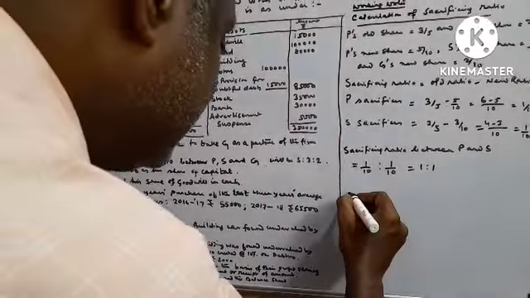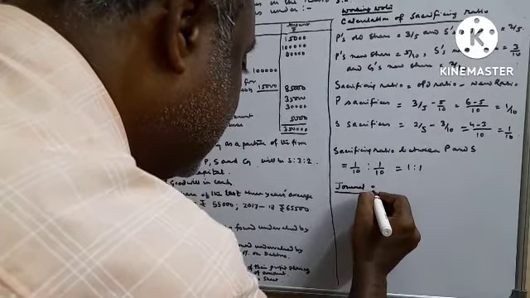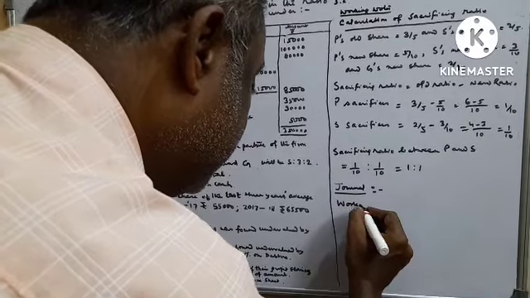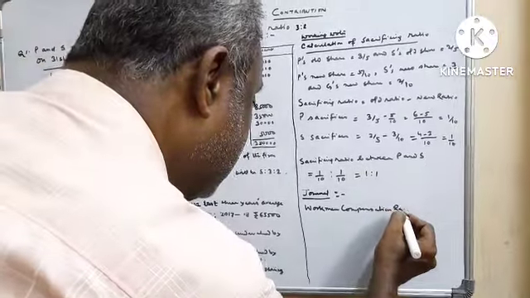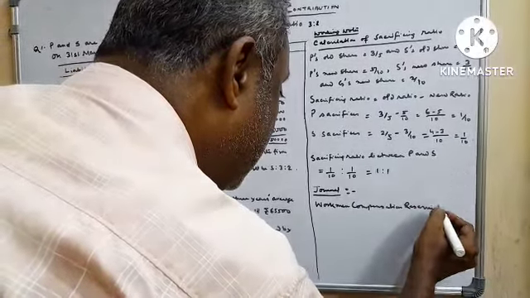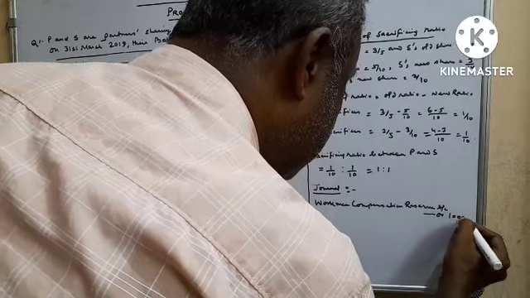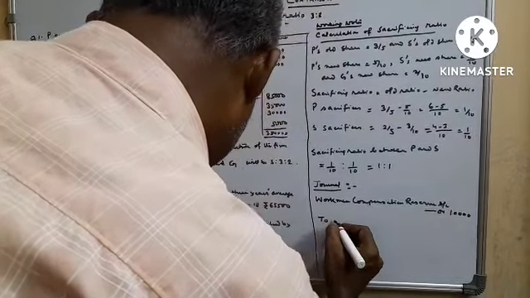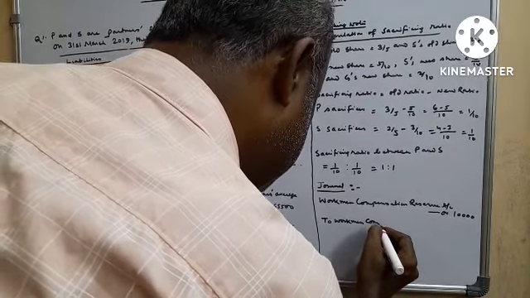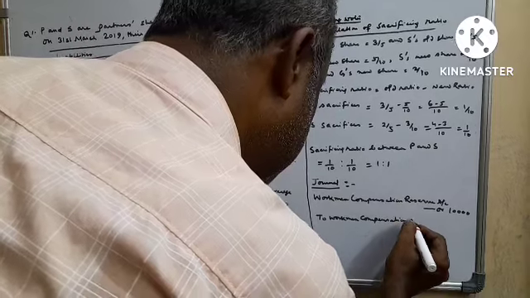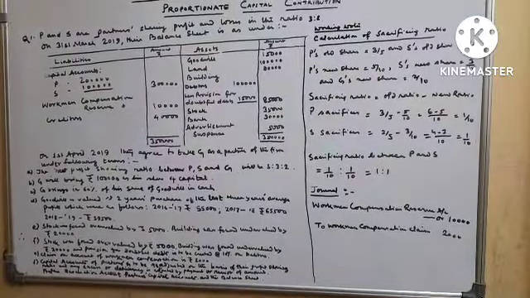Journal entry for workman compensation reserve: workman compensation reserve debit, how much? 10,000 given, to workman compensation claim, liability arises 2,000, that is the workman compensation claim.